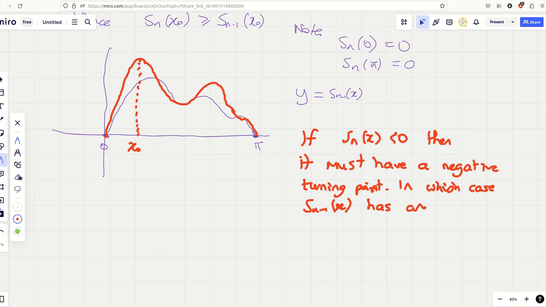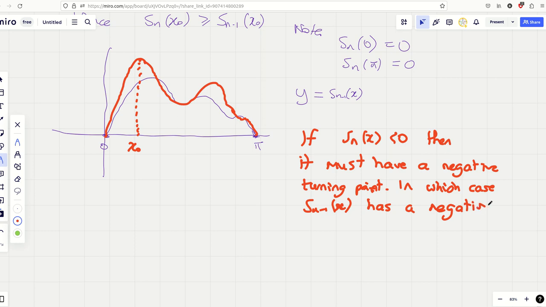Now, why can I say that? I can say that because Sn of x0 is going to be greater than or equal to Sn minus 1 of x0, which is another way of saying these turning points are always greater or equal to these turning points. The y-coordinates, I mean, of these turning points are always larger than the y-coordinates of these turning points. But this would mean that this would have a negative turning point.